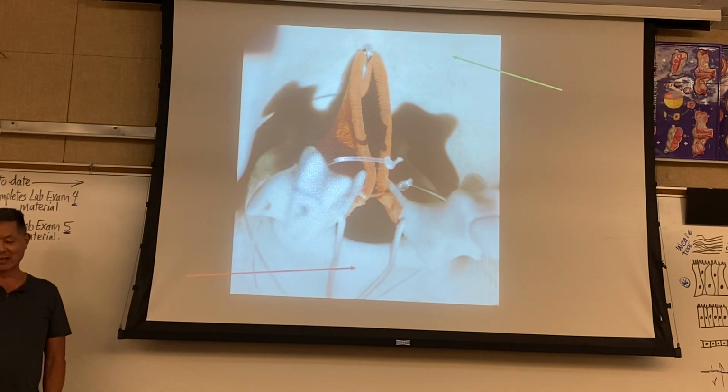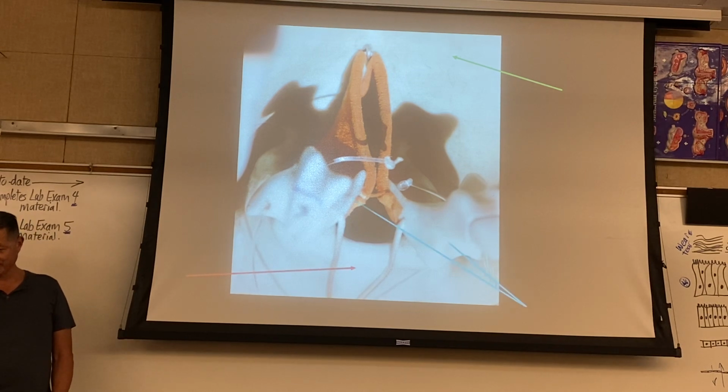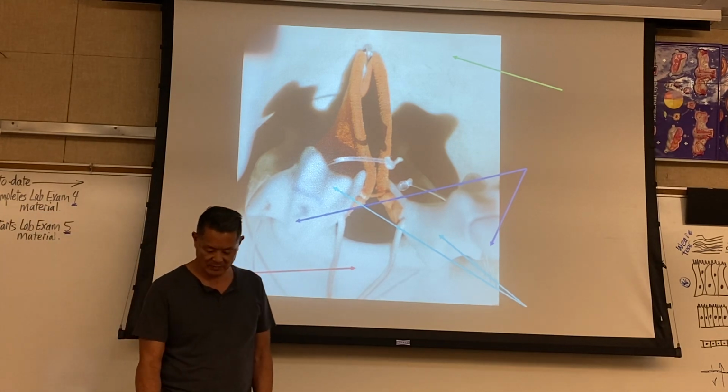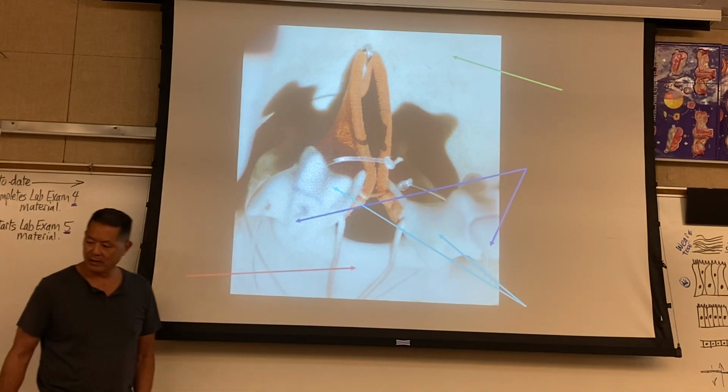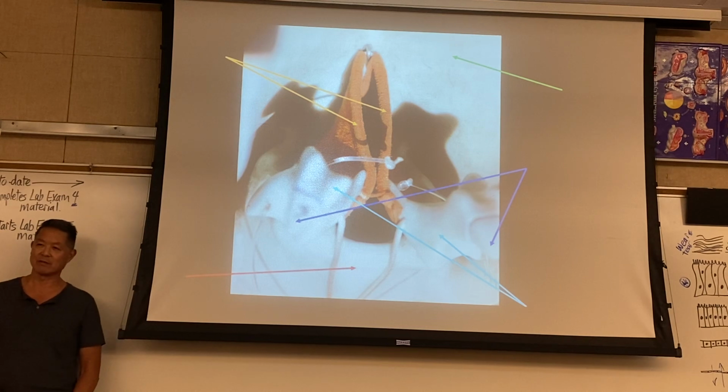All right. Thyroid cartilage is up on top, cricoid cartilage is on the bottom. There's the minor cartilages, same color arrows. In this model, the two gold arrows are the two true vocal cords that slap together.